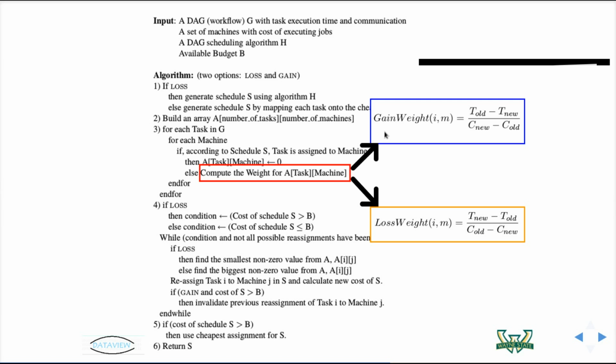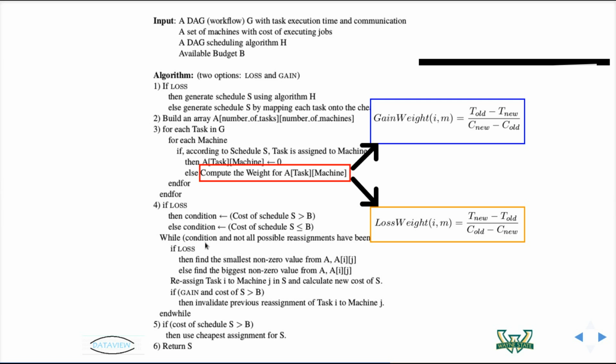So if our approach is loss, we have one condition: the cost of the schedule should be more than the budget. But if we are not using loss, the cost of the schedule should be less than or equal to the budget.